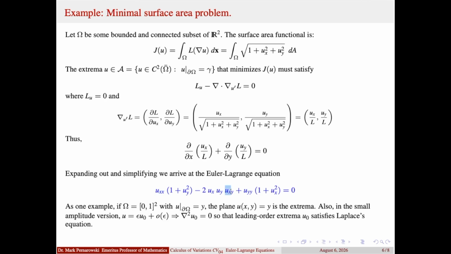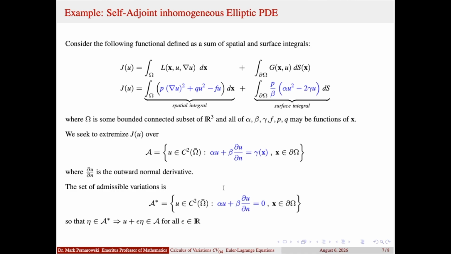The mixed partials are 0, and the second derivative in y is 0. So this function satisfies the Euler-Lagrange equations and the boundary conditions, therefore it's the extrema. We'll just move on. This last example is rather dense.